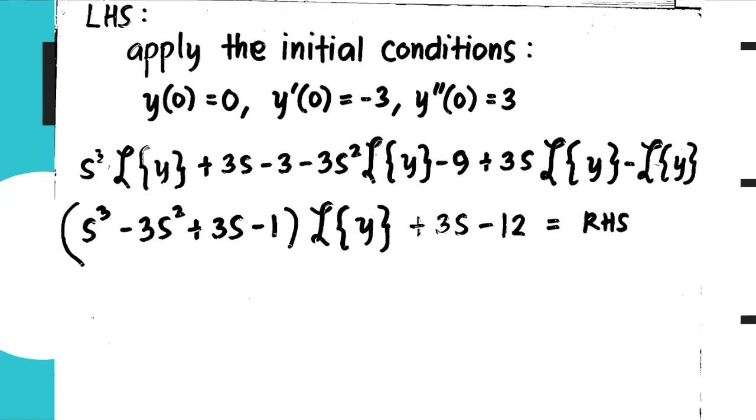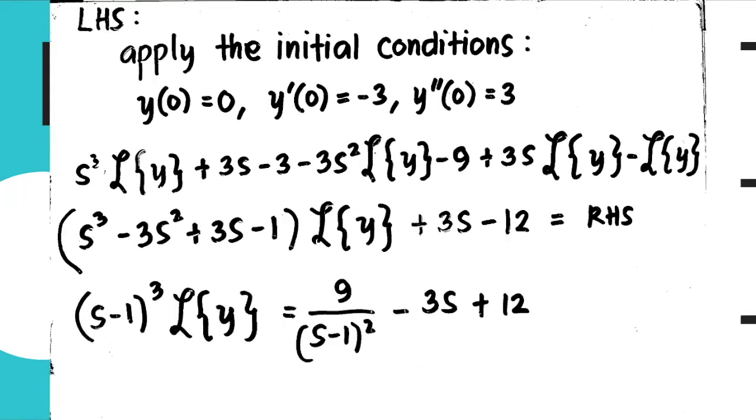And then you equate to the right side of the equation, to the Laplace of the right side of the equation. Okay, at nasolve na natin yun kanina. Now, so we write, ito yung kanina yung value ng Laplace ng right side of the equation. So, as you notice here, itong s cubed minus 3s squared plus 3s minus 1. So, pwede siyang i-factor, di ba?